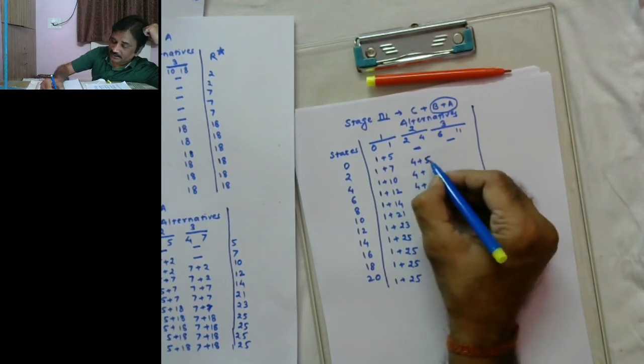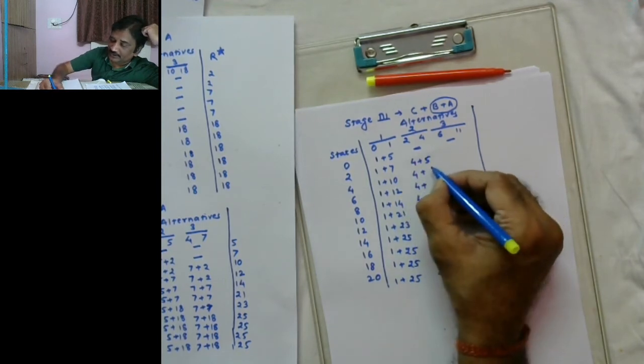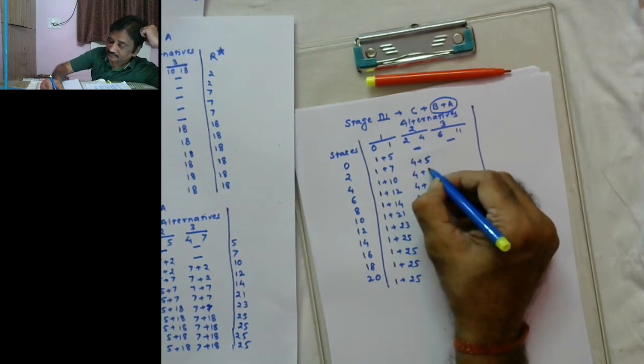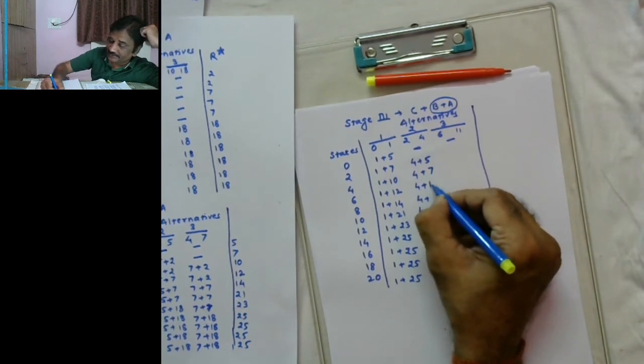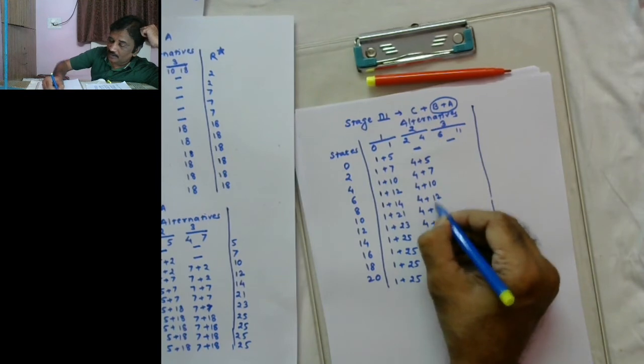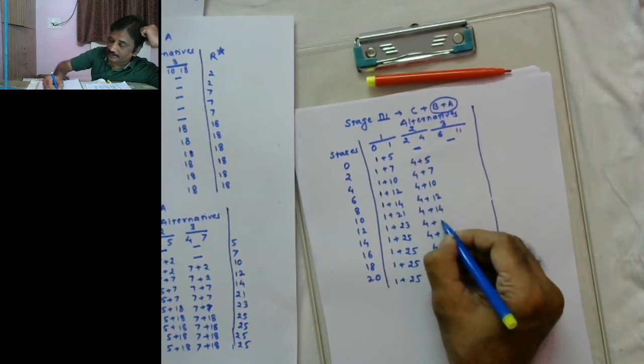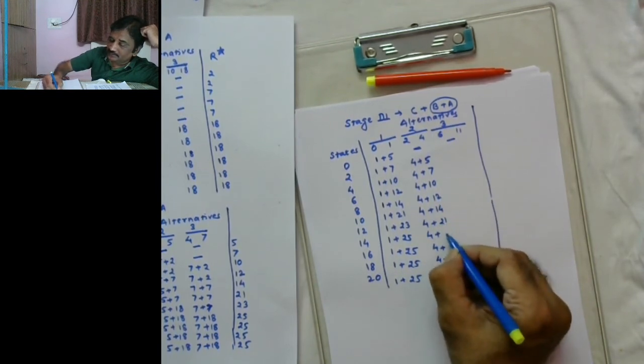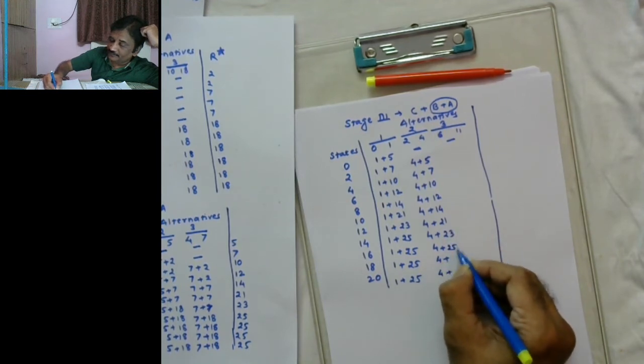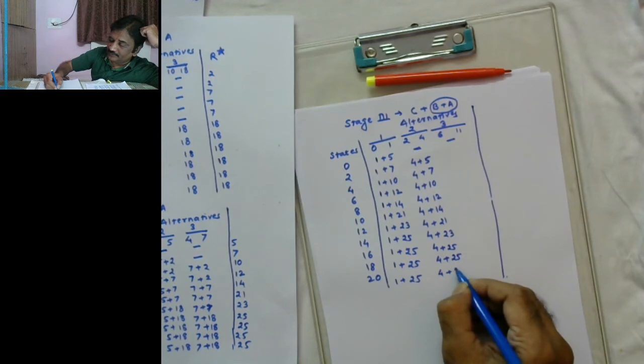So here I do that, and I know what you have to do next: 5, 7, 10, 12, 14, 21, then 23, then 25, 25, and 25.